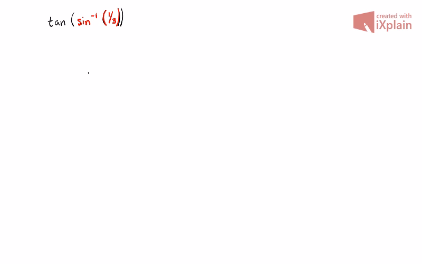Bear in mind that if we were able to evaluate this, this would give us the tangent of some mystery angle that we'll call theta. But we don't have the luxury of being able to look at the sine inverse of 1/3 and know automatically, oh, this is a 47.5 degree angle. So we technically do have the angle measure.